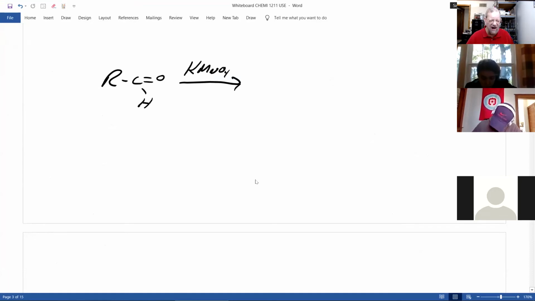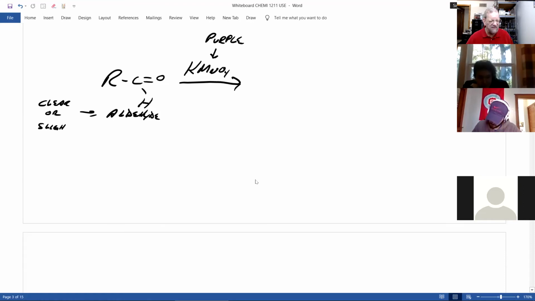If you take an aldehyde and oxidize it with potassium permanganate, this is a purple solution. It's in water. And these are usually clear or slight yellow, very slight yellow. Well, if you oxidize it, so you learned this in the chapter on carboxylic acids, so I didn't put this in test number 2, you get a carboxylic acid.